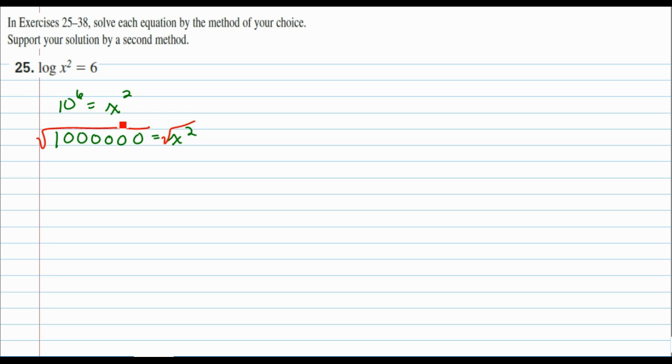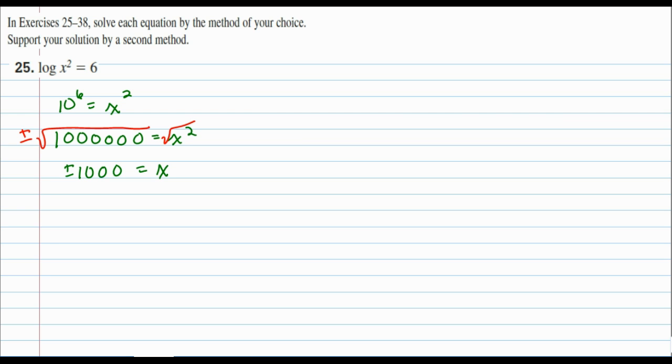Don't forget the plus or minus. So I'm going to cut those zeros in half now. So it's going to be a 1 with 3 zeros, which makes sense because the square root of 10 to the 6th would be 10 to the 6th to the 1/2 power, which would be 10 to the 3rd. So I get plus or minus 1,000. So I will make sure and check that on my calculator.